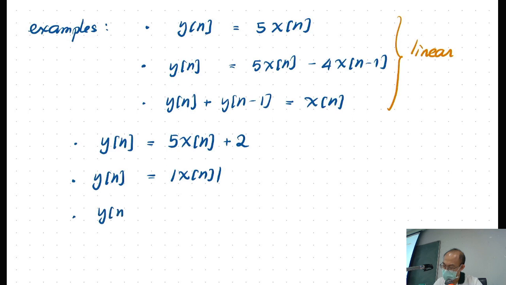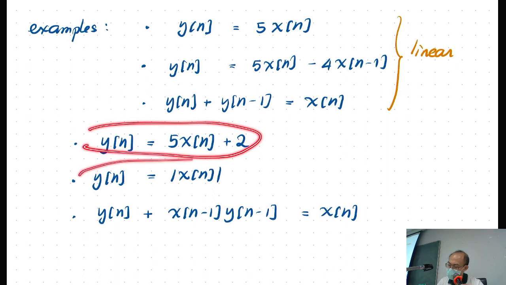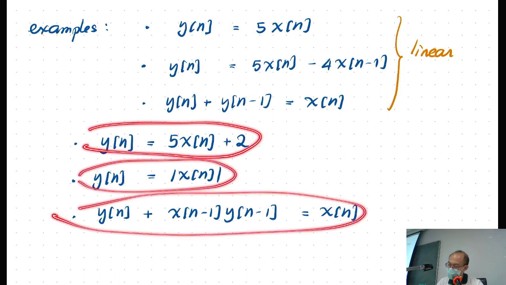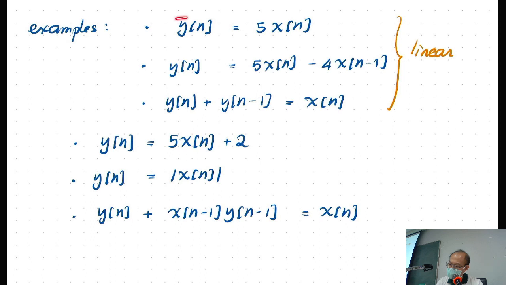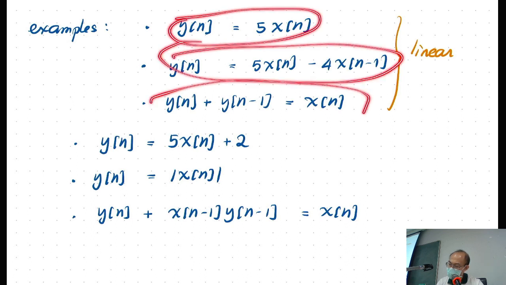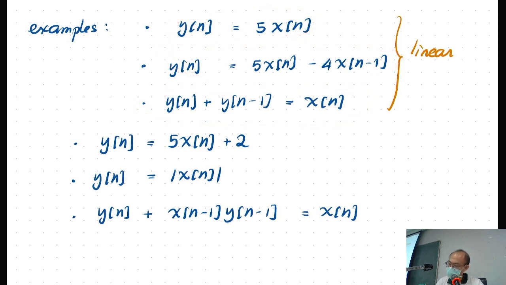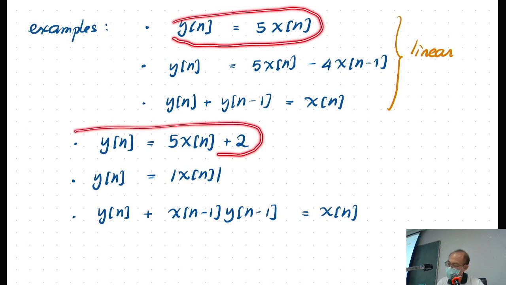Or y[n] plus x[n minus 1] times y[n minus 1] equal to x[n]. This is also not a linear system. If you notice, I'm trying to make each of these systems very similar to the systems at the top. Here, this is a linear system, but as soon as I add 2 to it, it is not linear anymore.